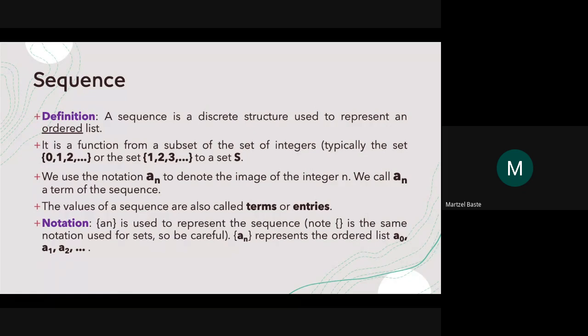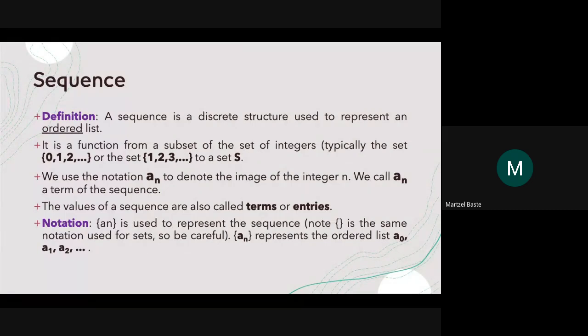When we talk about sets, we call the values inside the curly braces elements, but in a sequence, we call them terms or entries.